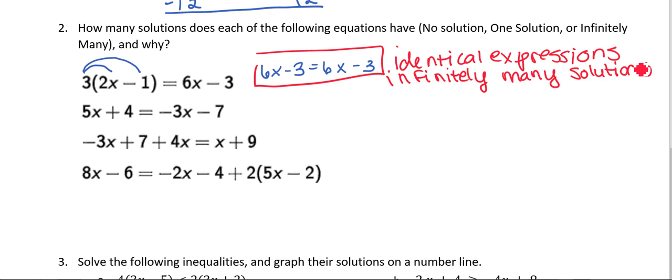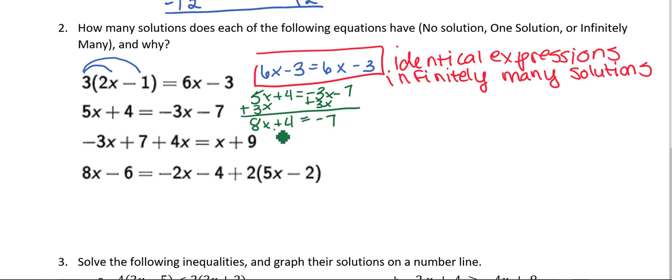Okay, looking at my next equation, 5x plus 4 minus 3x equals negative 7. I'm going to go ahead and solve this. I'll just rewrite that. I'm going to add 3x to both sides. I get 8x plus 4 equals negative 7.